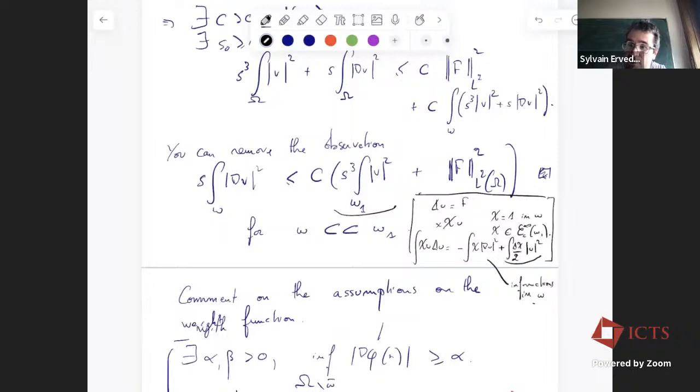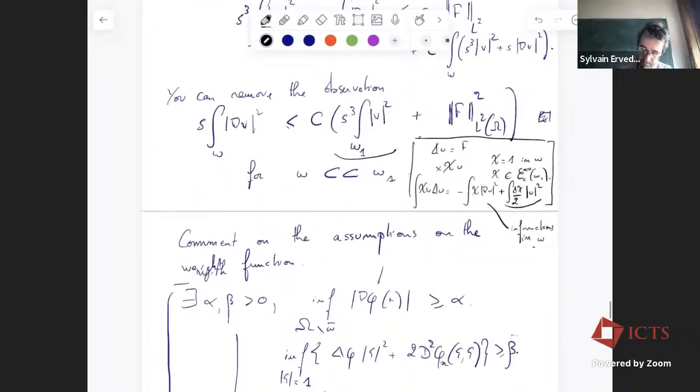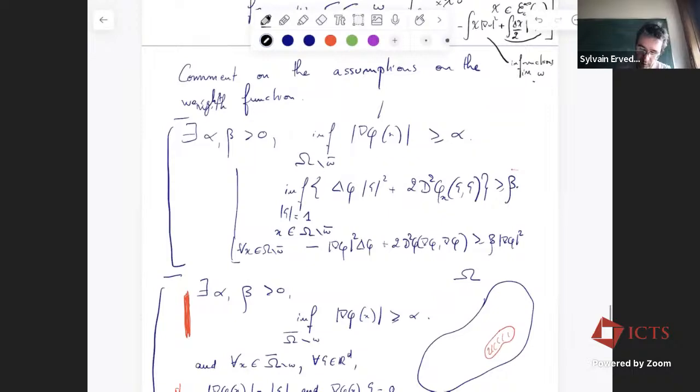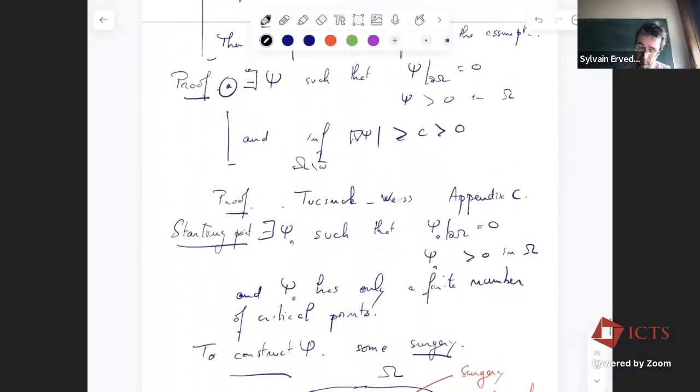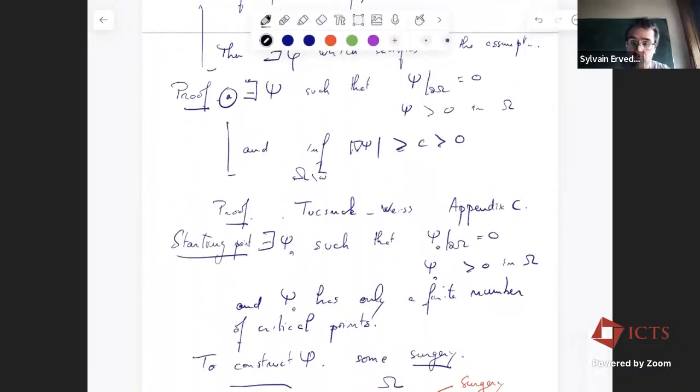So yes, in the case of boundary observation, you can get a Carleman estimate for an arbitrary small observation set. So basically the proof is the same. I had to make some choices, so I didn't want to speak about localized observation on the boundary, but it is exactly the same.